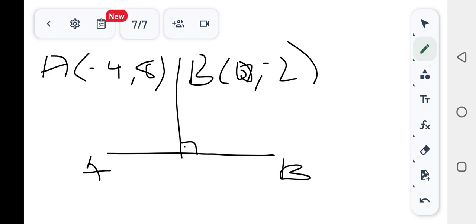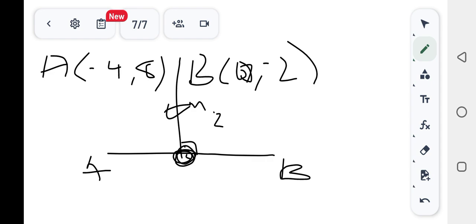We can locate the meeting point of the bisector and the middle of AB, and we need the gradient of this line. Then we can find the equation by using y minus y1 equals m times (x minus x1).